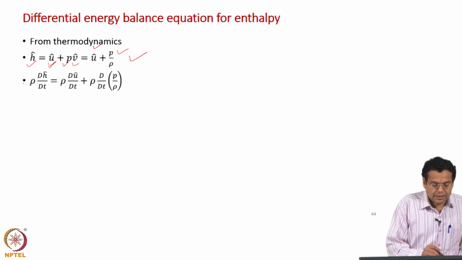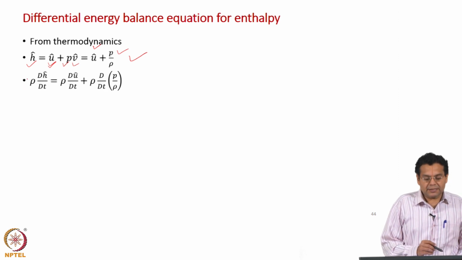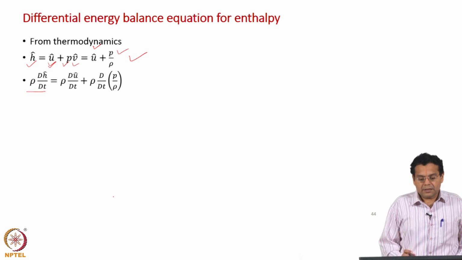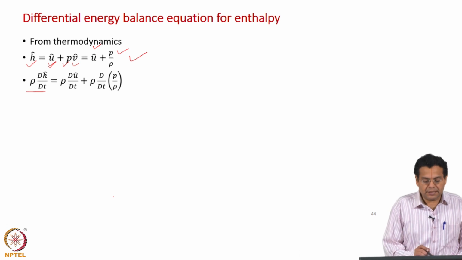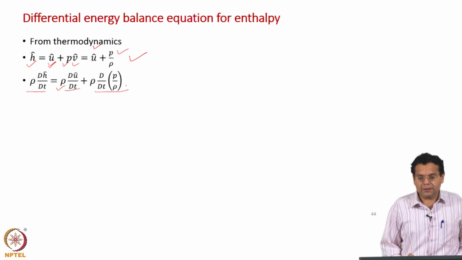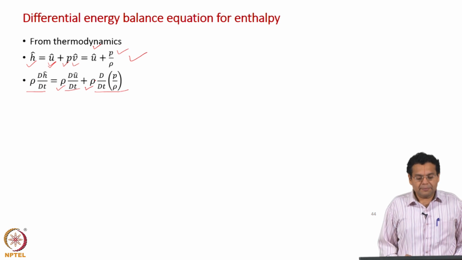So, take substantial derivative of left hand side, multiply by rho, we get this term. Right hand side, take substantial derivative, first term is internal energy. So, we have dU cap by dt, multiply by rho, second term d by dt of P by rho and then multiply by rho. So, take d by dt on both sides, multiply by rho.